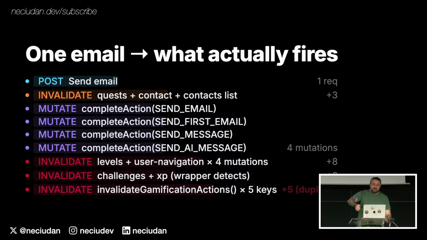But then the gamification system kicked in, because we were sending this on every action, and we were calling complete action if available every time. This was our abstraction. But then we were calling it because maybe an email is also a message. Maybe an email was written with AI, so we had to call it with the send AI message. And then we had to invalidate everything that was affected.